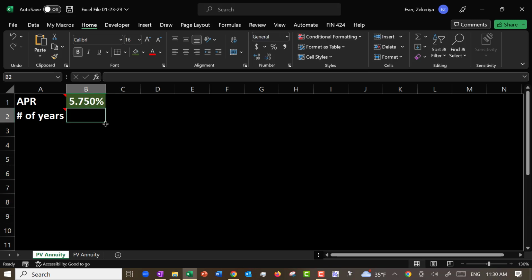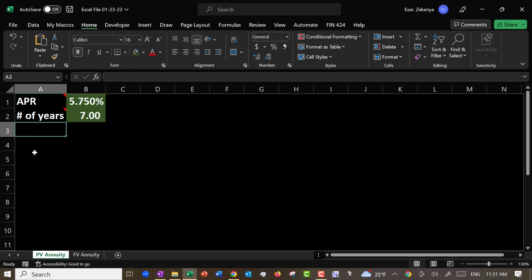Doesn't have to be a 7-year loan, maybe it's a 6.5-year loan. Since it's monthly, we're going to figure that out. I'm going to make that a comma style format, which basically means 2 digits by default, 7 years.